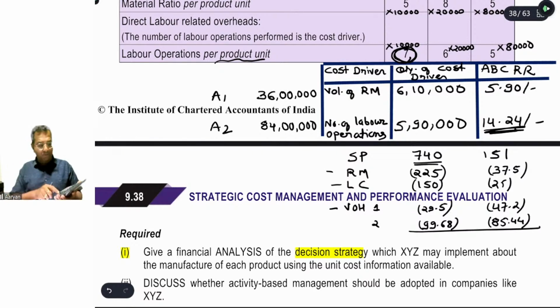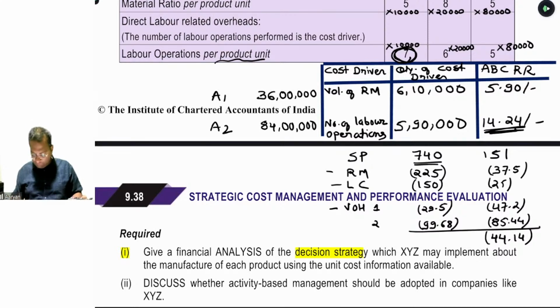So अब आपका contribution per unit निकल जाएगा। मेरे ख्याल में निगेटिव कंट्रीब्यूशन आ रहा है इसमें। Here there is a negative contribution of 44.14 बेटा ना। Here it's 235.82.